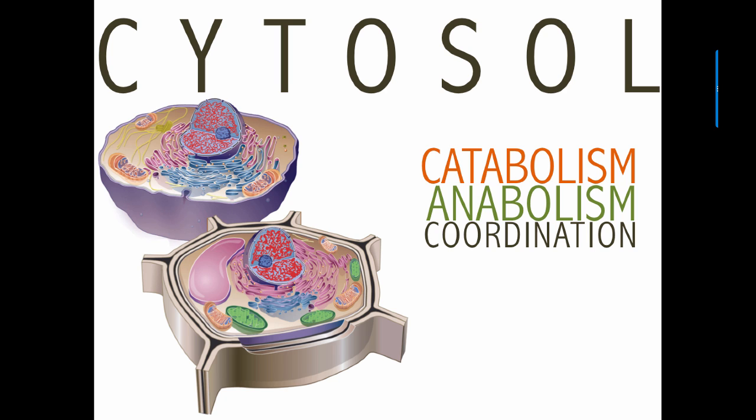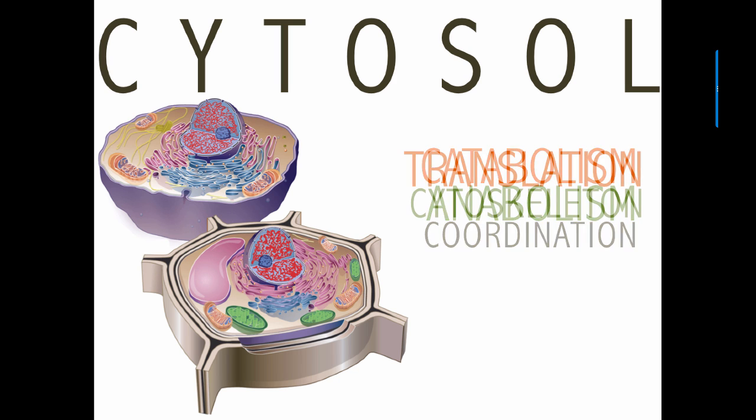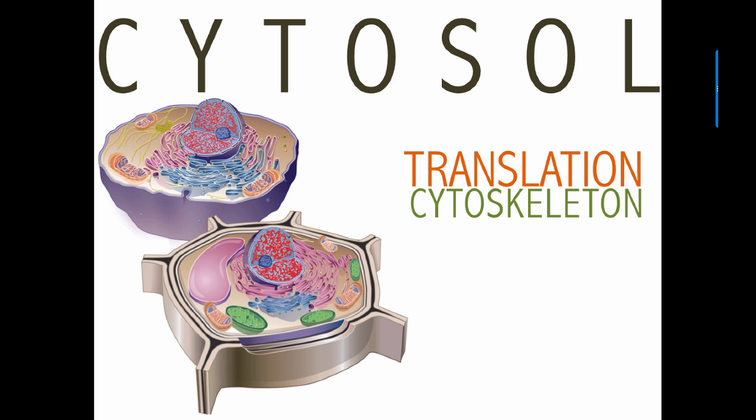And so the cytosol is the main site of catabolism, anabolism, coordination. And there are numerous other functions which are too detailed and too specific for us to get into. Also in the cytosol, you find translation, that is the synthesis of proteins using the information in messenger RNA molecules, and so that happens in the cytosol.